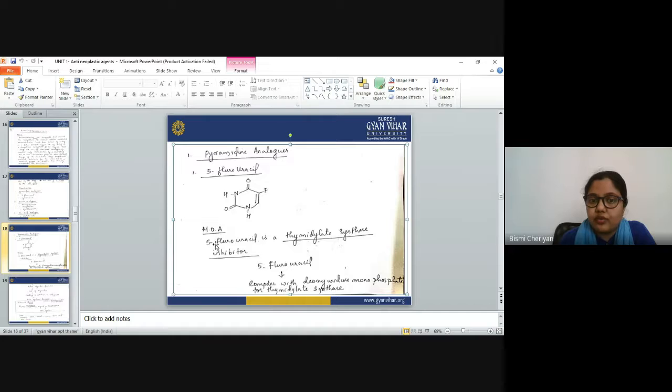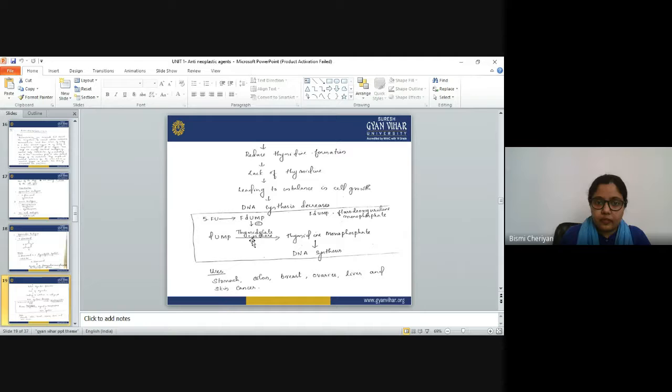Let's see the mechanism of action of 5-fluorouracil. 5-fluorouracil is a thymidylate synthetase inhibitor. Let's see this chart first. Please note down the full form of DUMP: deoxyuridine monophosphate.